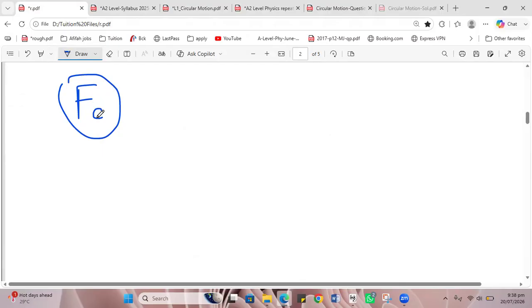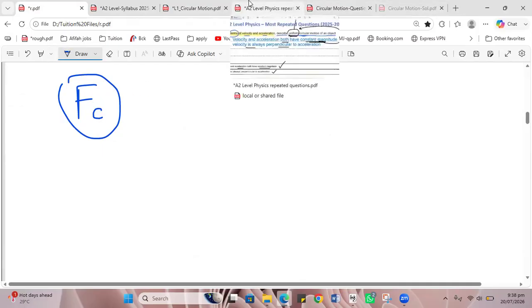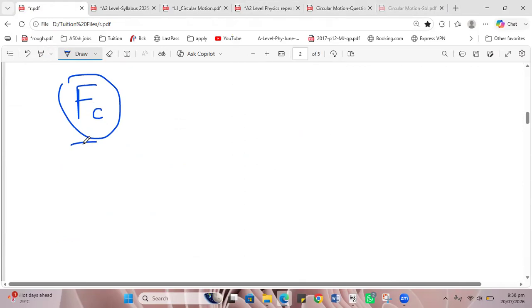So centripetal force is not a force itself. What does this mean? I said centripetal force is not a force on its own. This means centripetal force always needs another force. There is always some other force that is providing centripetal force.